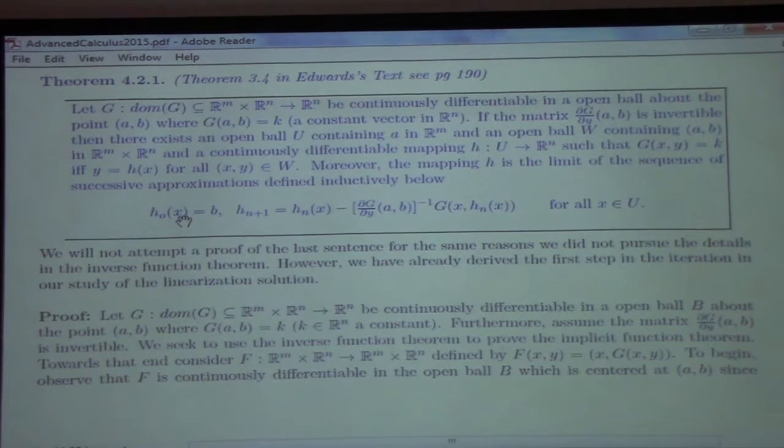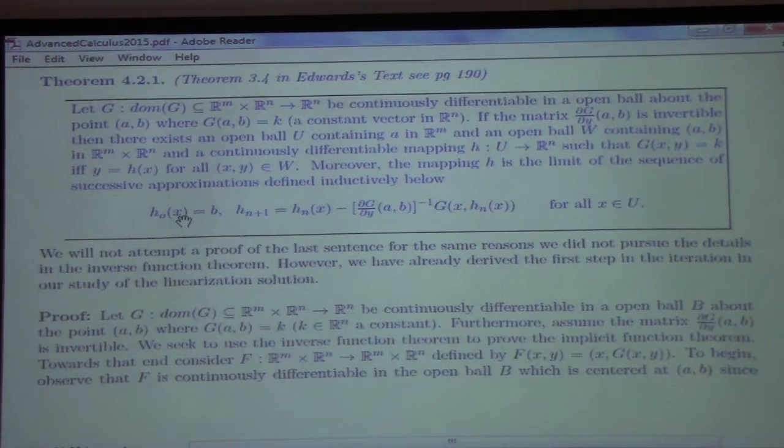So here is the implicit function theorem in all of its glory. You have g, a function from Rm cross Rn to Rn, continuously differentiable on some open ball about the point (a, b), where g(a, b) is equal to k, a constant vector, and the matrix partial g partial y at (a, b) is invertible.